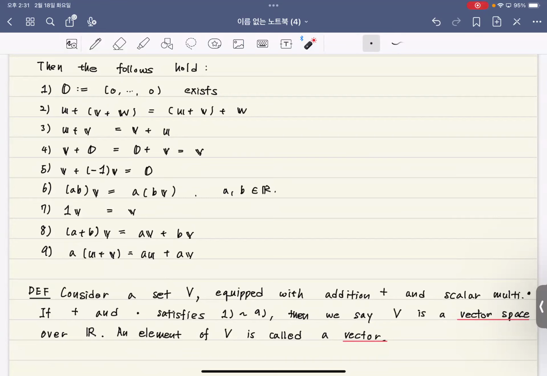Well, maybe the set of all real coefficient polynomials is also going to be a vector space. And what about the collection of all continuous functions defined on the interval from 0 to 1? That is also going to be a vector space, right? So there are many vector spaces. If I want to exaggerate a little bit, then everything that you can find in this real world can be interpreted by a mathematician as a vector space. So everything is a vector.